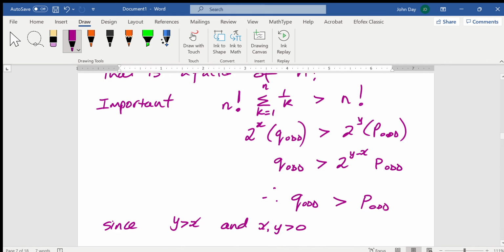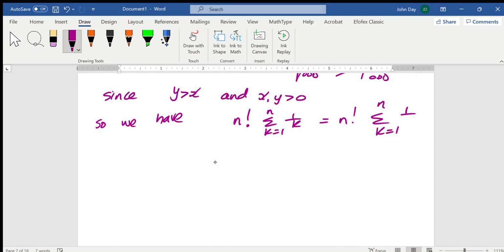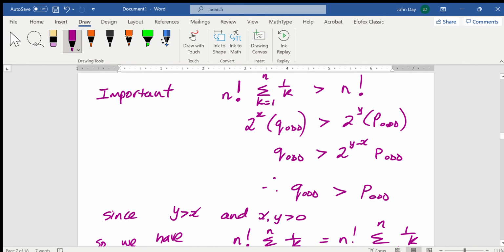So that helps because now we can say this. We have that n factorial times the sum is equal to n factorial times the sum. On this side, I can just write 2 to the y times p odd.